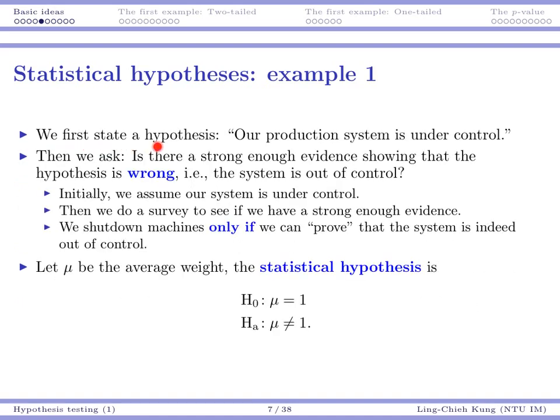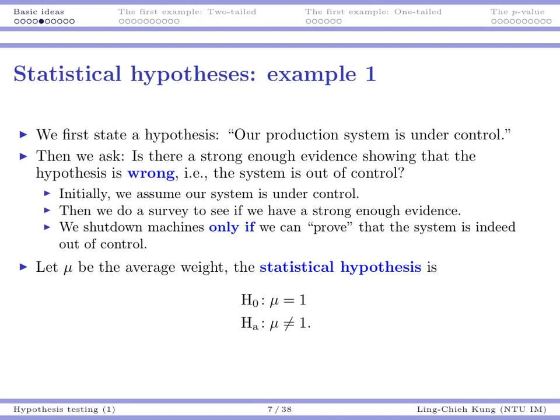We first state a hypothesis: our production system is under control. Before we really get any data, we should assume that the system is fine. Only after we get some signal do we assume that it's out of control. But before we see anything, we should assume that it's under control.